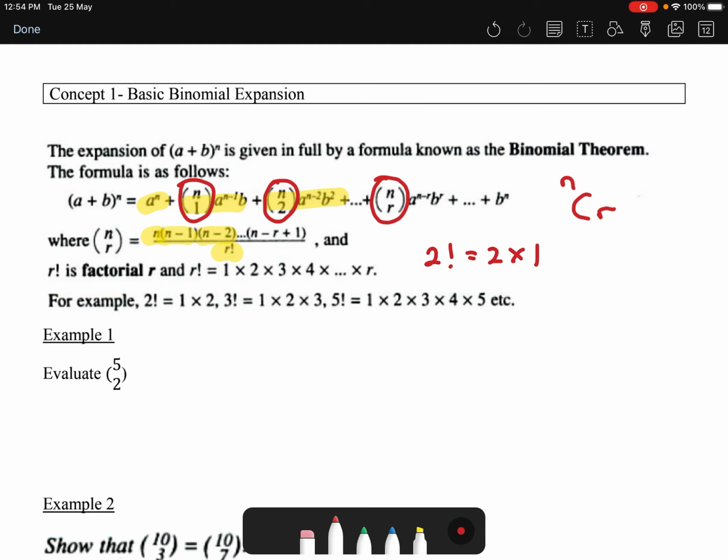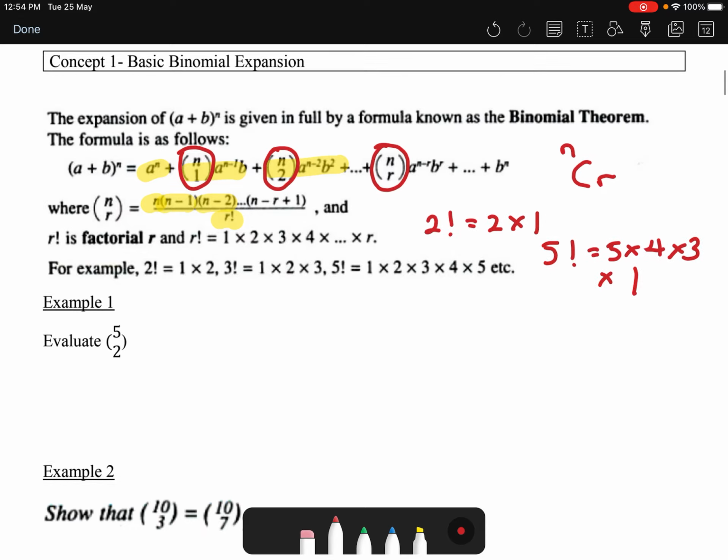Another example, 5 factorial is 5 times 4 times 3 times 2 times 1. Always start from the number that you are interested in, and multiply until you reach 1.